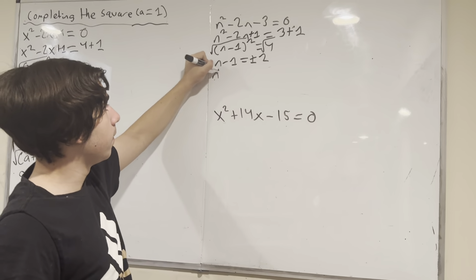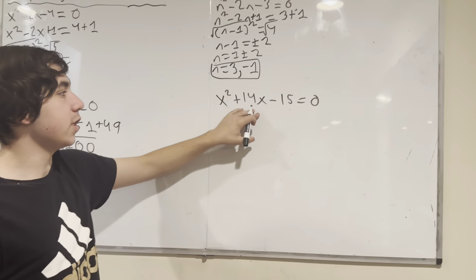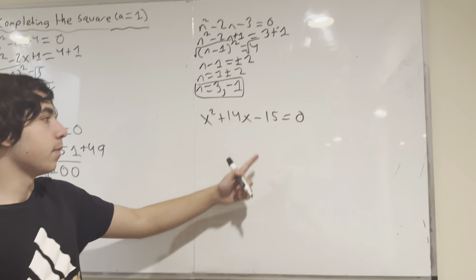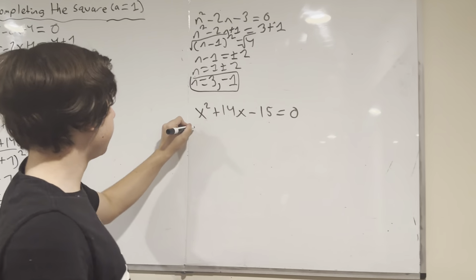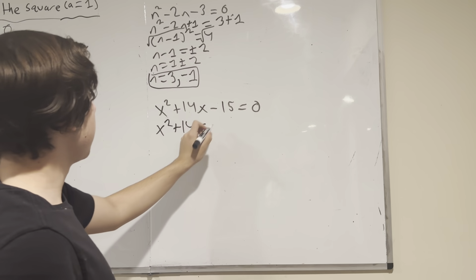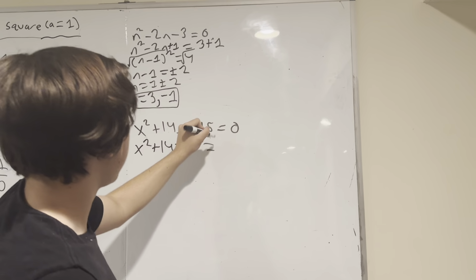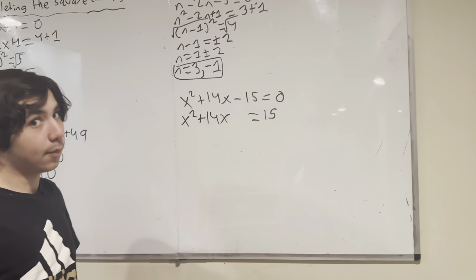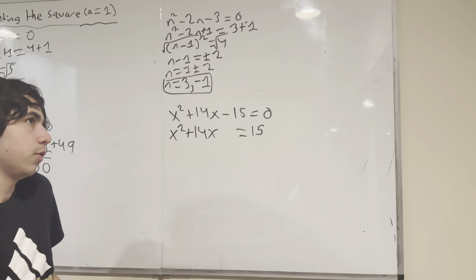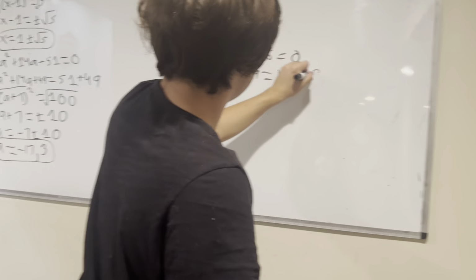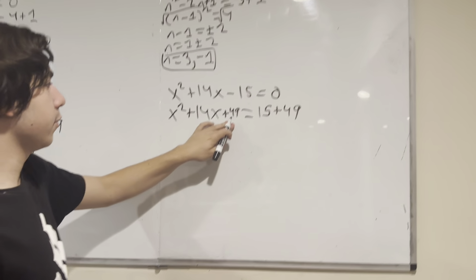Final equation for the day. x squared plus 14x minus 15 is 0. First step, get that 15 to the other side. Make sure to leave the space here, and I say that's equal to 15. Take the 14, divided by 2, square it. 14 over 2 is 7. 7 squared is 49. I factor this.